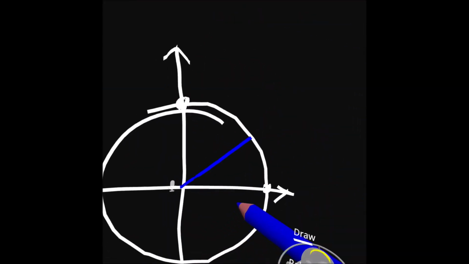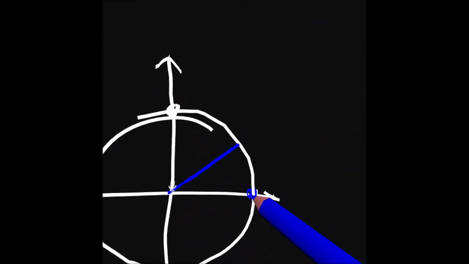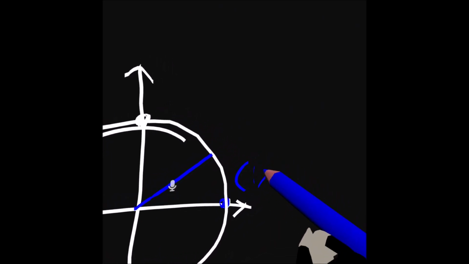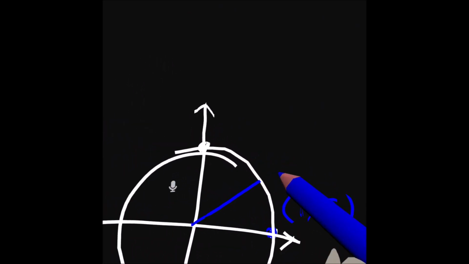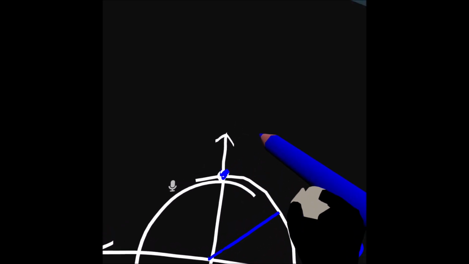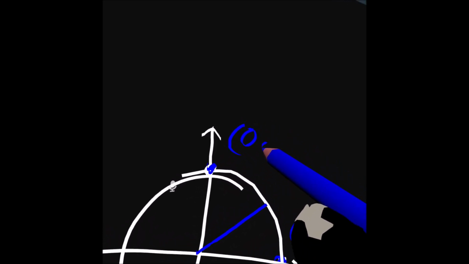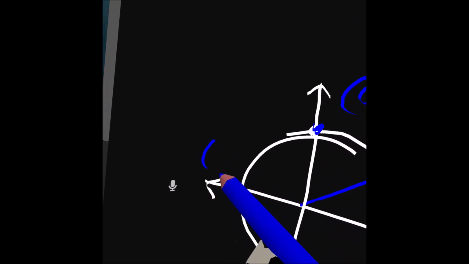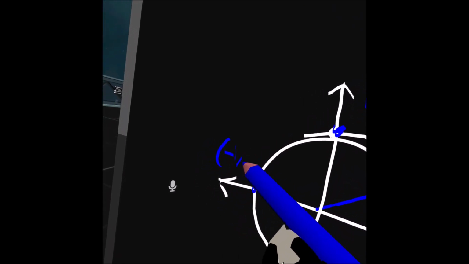So if I were to draw a point right here, this point here is (1, 0). This point here is (0, 1). This point here is (-1, 0).